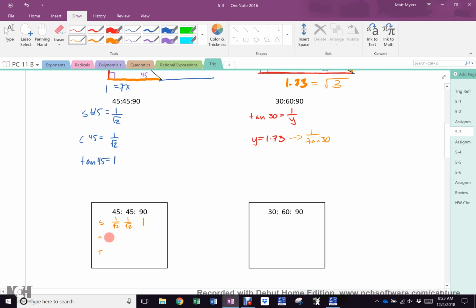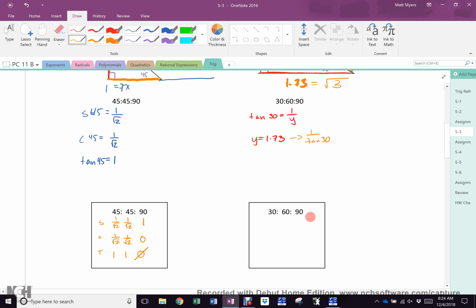What's the cos of all of these? 1 over root 2, 1 over root 2. What's the cos of 90? If you don't know, use your calculator. If you can't figure it out by looking at it, use your calculator. What's the cos of 90? 0. And tan? 1, 1, and undefined.